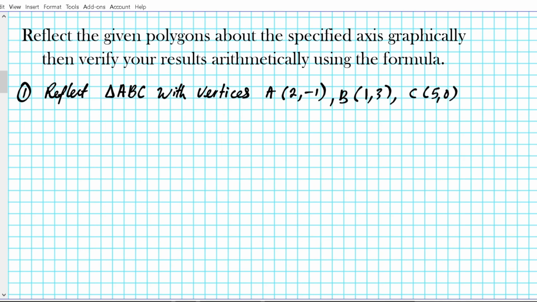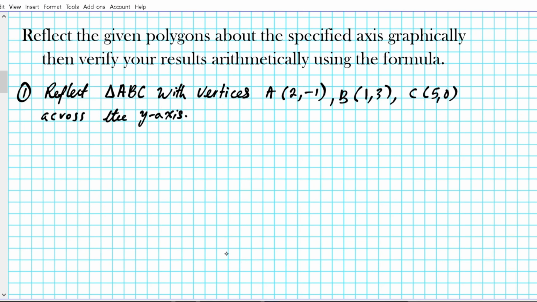So we're going to reflect this across the y-axis. And then when we're done doing that graphically, we'll verify our results arithmetically. All right, so let's do it graphically first.